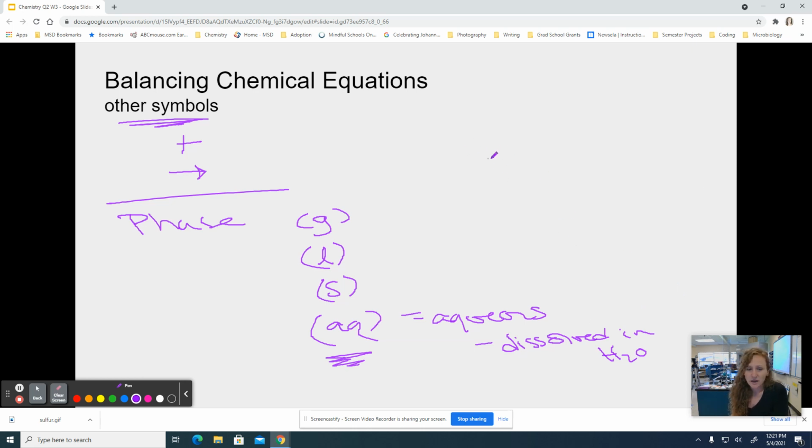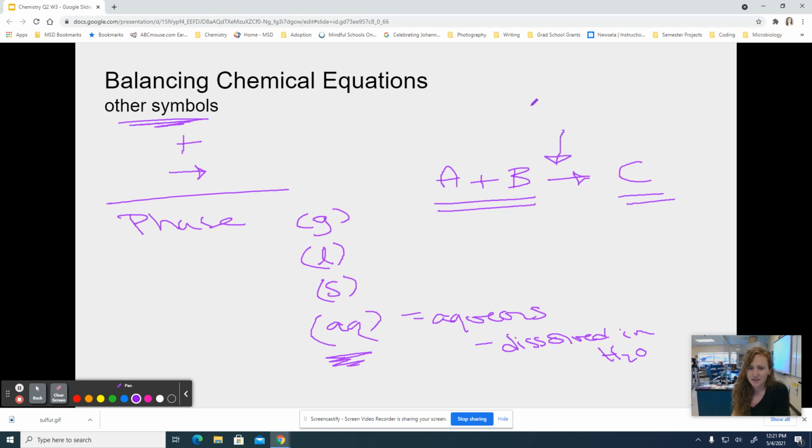The other symbols that you might come across are symbols that you will see above the arrow. So if you see some molecules or elements or formula units in your reaction, these are the reactants and the products. These are the things that are actually involved in your reaction. If there's something present that's really important that's not involved in the reaction, it's not actually changing, you're going to see that above the arrow.